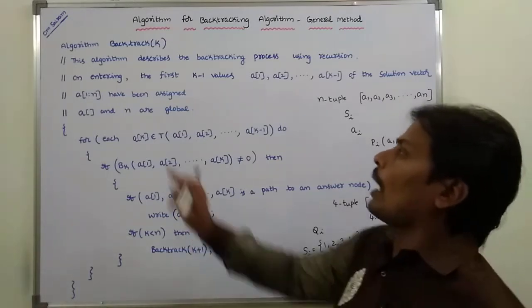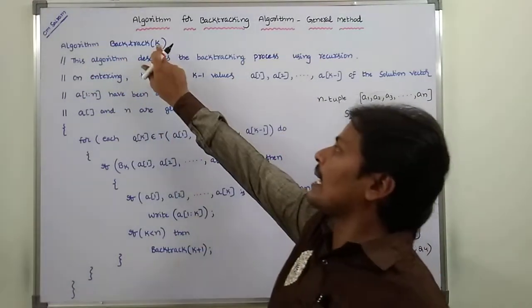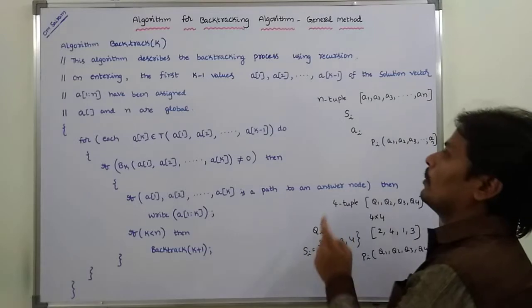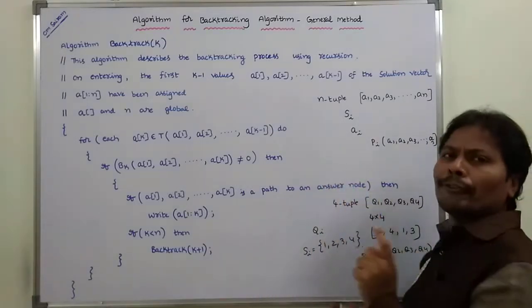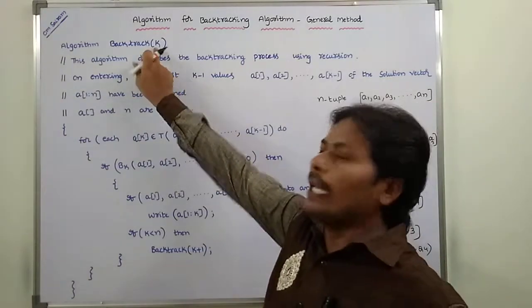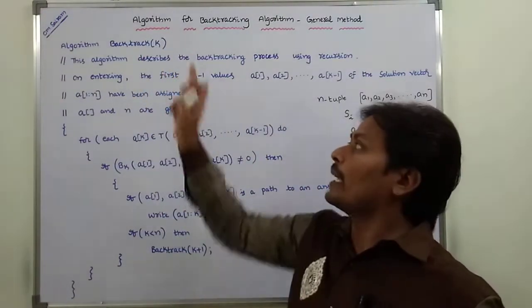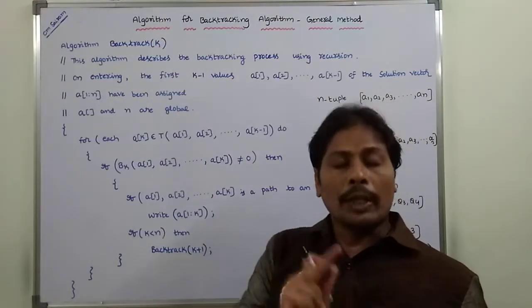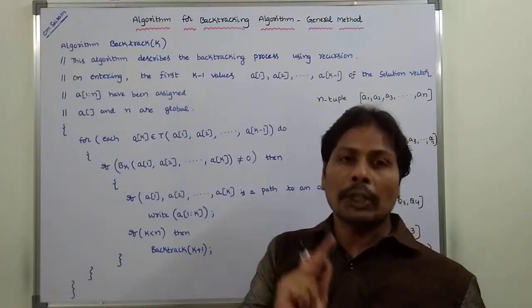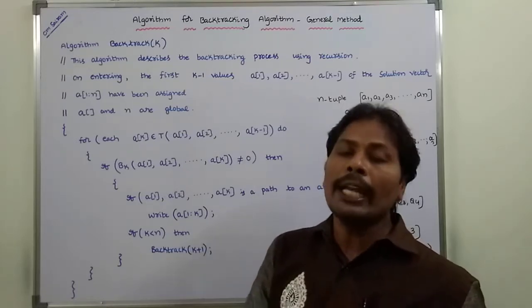Algorithm Backtrack of k. Here k is nothing but, since we are taking 4 queens, each queen can be represented as k. So k contains queen 1, queen 2, queen 3, queen 4.